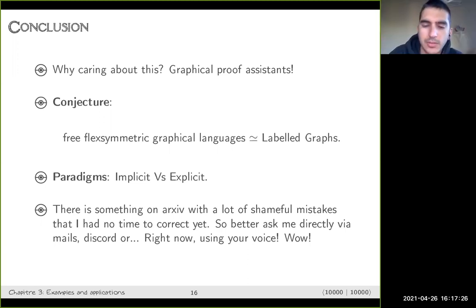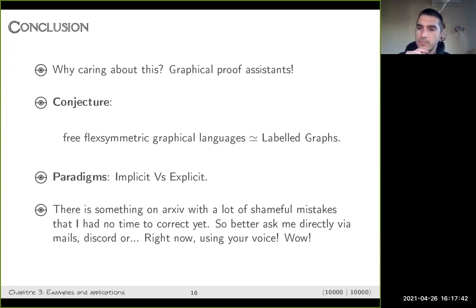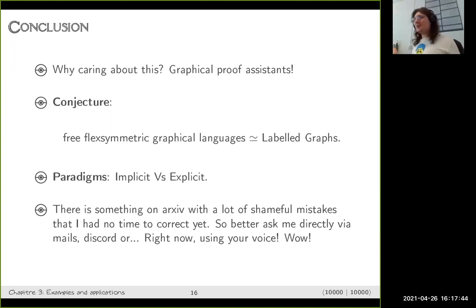A side comment to this, and a question: when does this fail? When can you not do this? Oh, it's a very good question. We thought about it, because for all the examples we know, it seems we're able to give a FLEXSYMMETRIC presentation. But in fact, most of the time, it's not possible. For example, if you take the free prop over some generators, it will clearly not be possible to find a FLEXSYMMETRIC axiomatization.